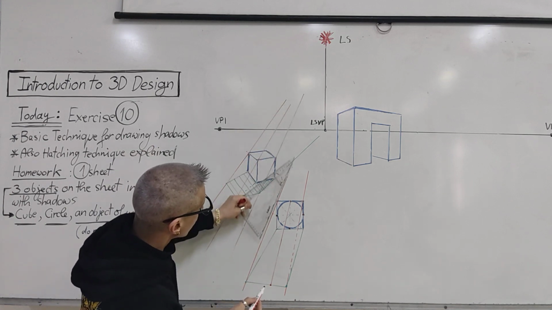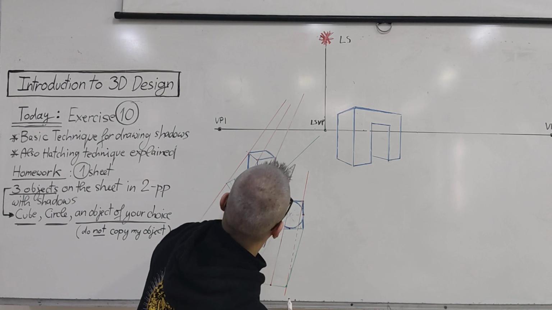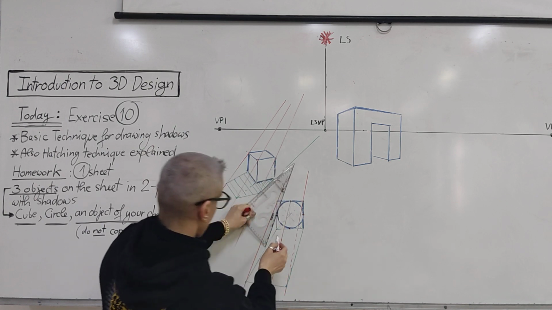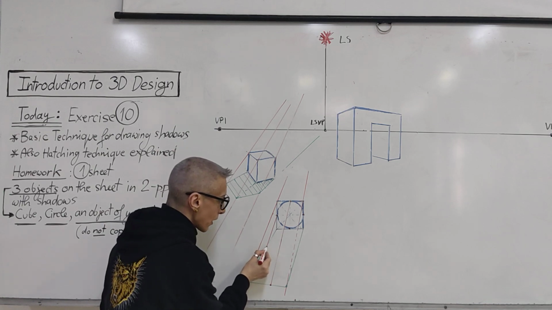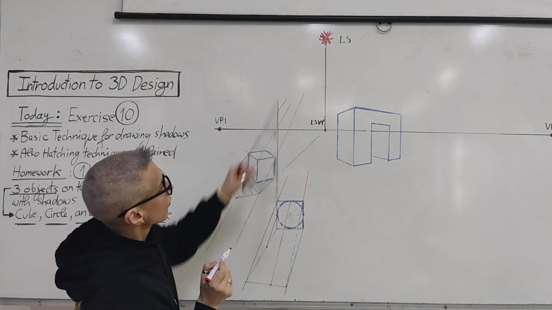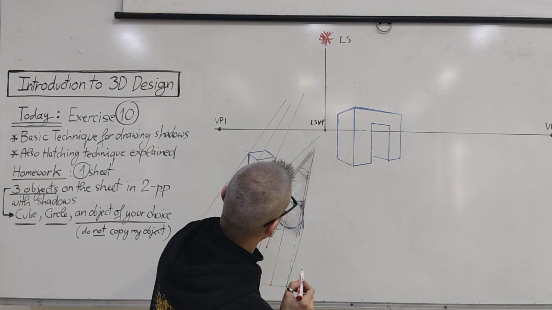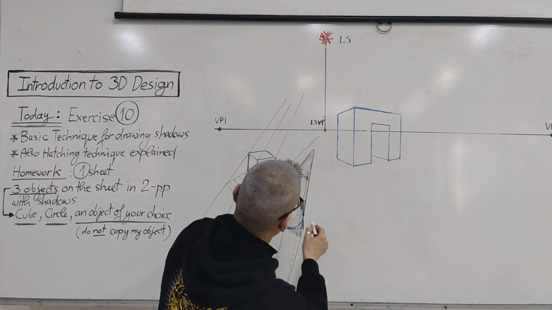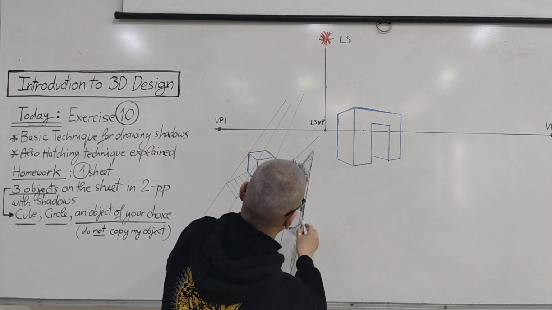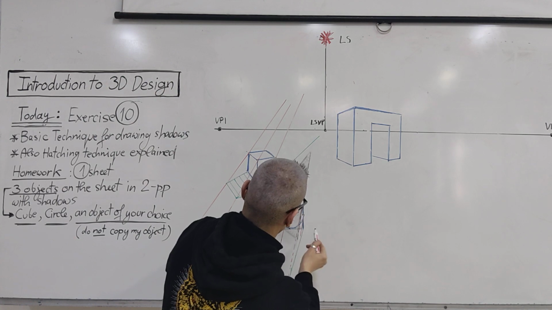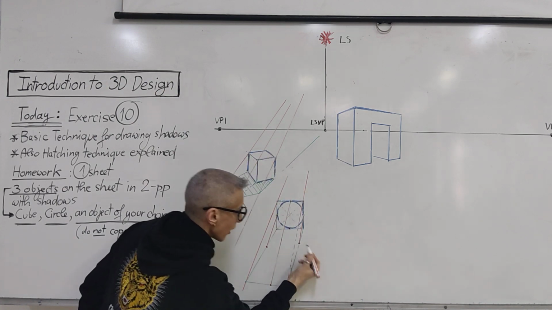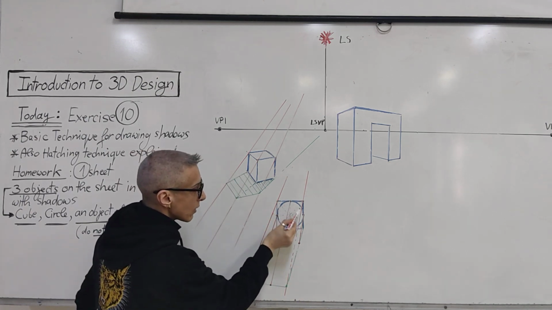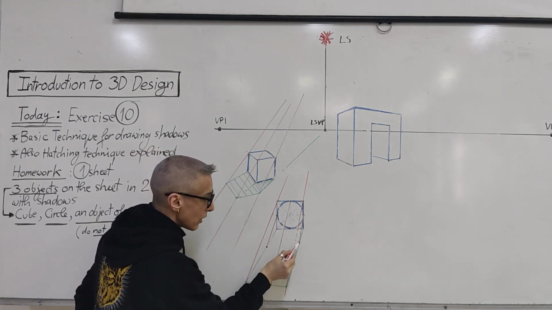So from the light source, wherever it touches, you mark it. And this point as well from the light source. Wherever it touches, you mark it. Okay? So we have 3 points here, and we have 3 points here.